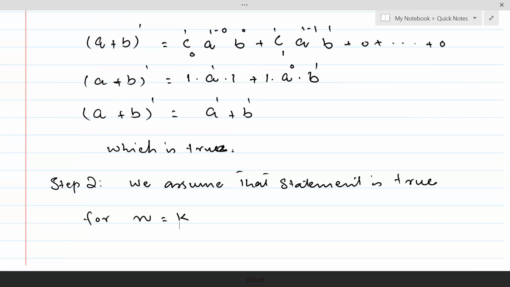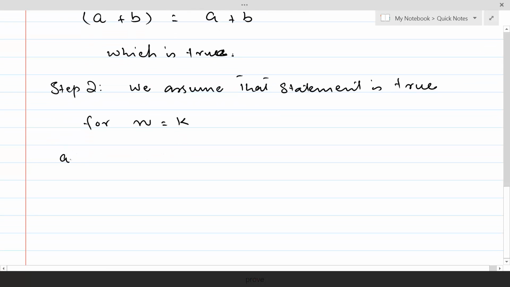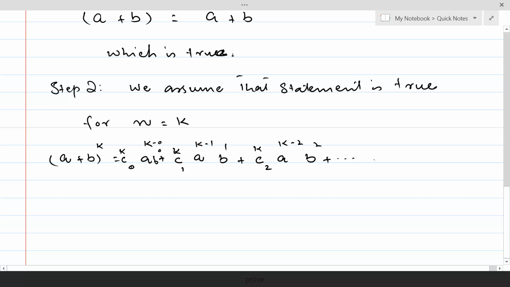If that is what we assume, then (a plus b) power k is equal to kC0 a power k minus 0, b power 0, plus kC1 a power k minus 1, b power 1, plus kC2 a power k minus 2, b power 2, plus so on, plus kCk a power k minus k, b power k.